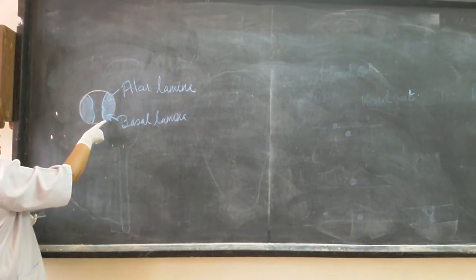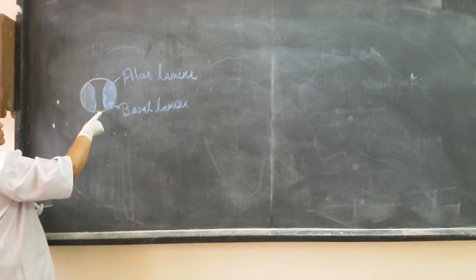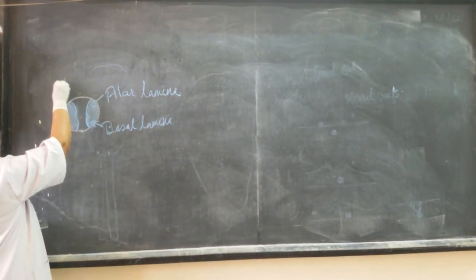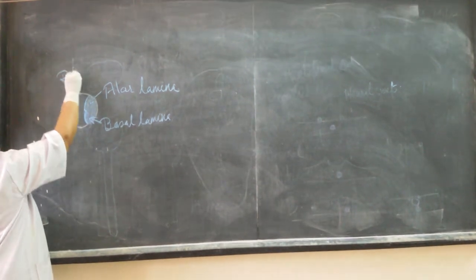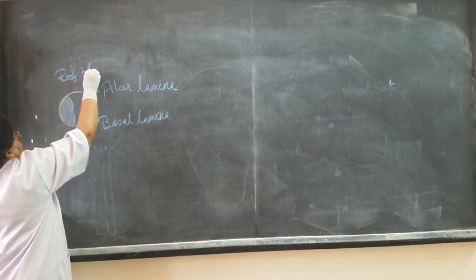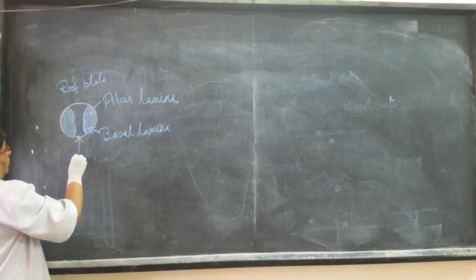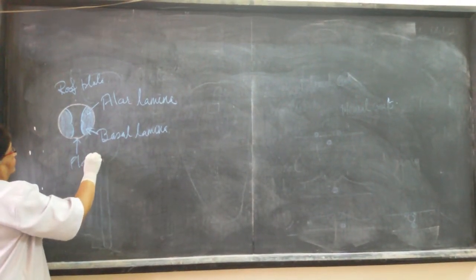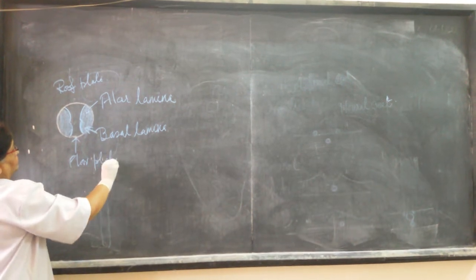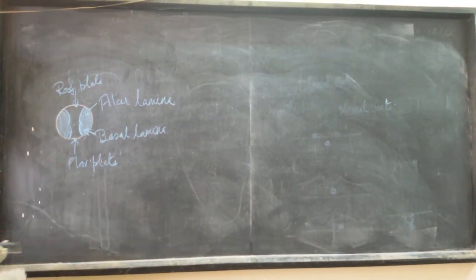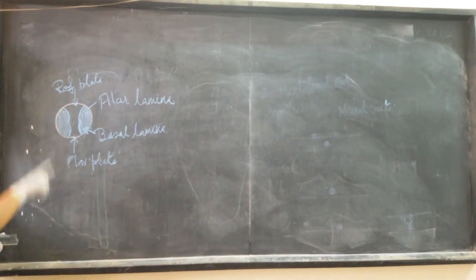The thin portions lying dorsally and ventrally are known as roof plate and floor plate. This part is roof plate and this part is floor plate.